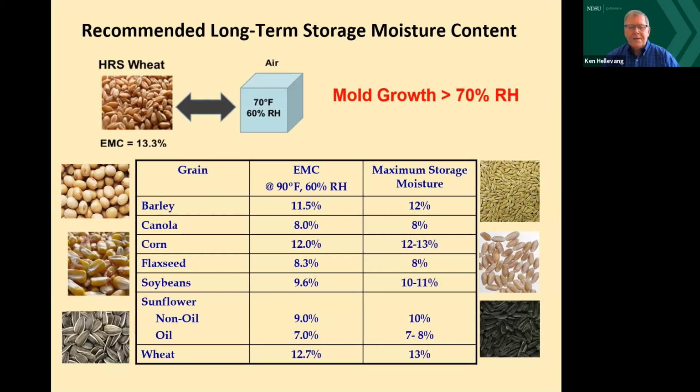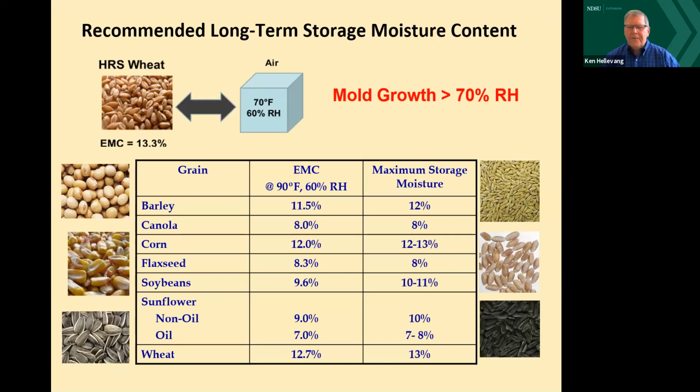And then we list some of the different types of grain, the equilibrium moisture content that would be associated with 90 degrees Fahrenheit and 60% relative humidity. And I'm using the 60% relative humidity to assure that I'm staying below that 70% relative humidity level.